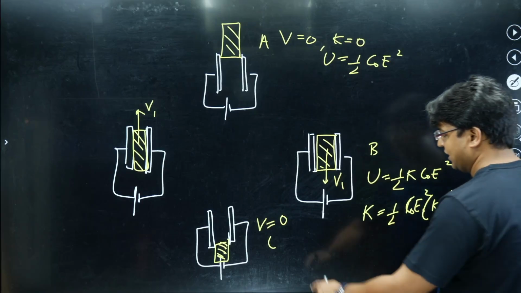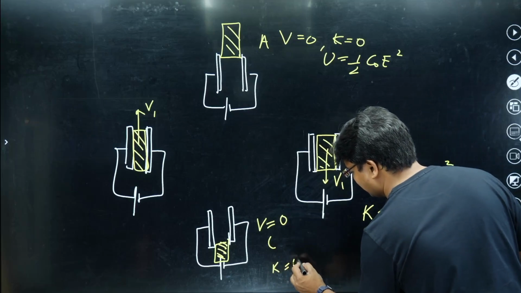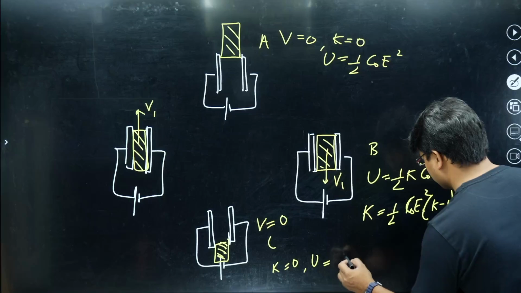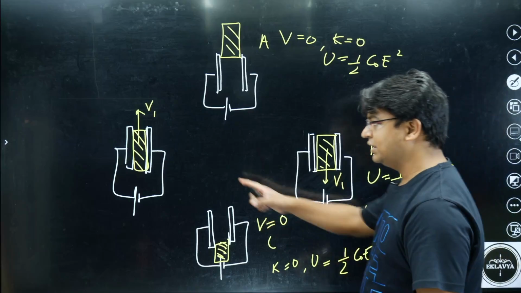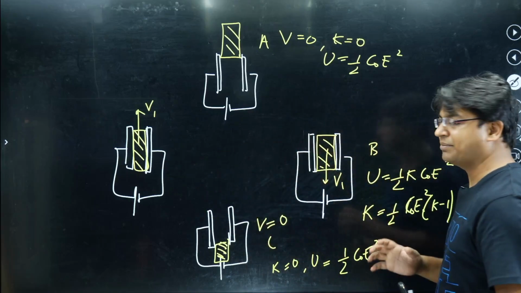Here again the kinetic energy is 0. The potential energy is again half C naught E square. And then here again the same values. So guys, what is happening here?